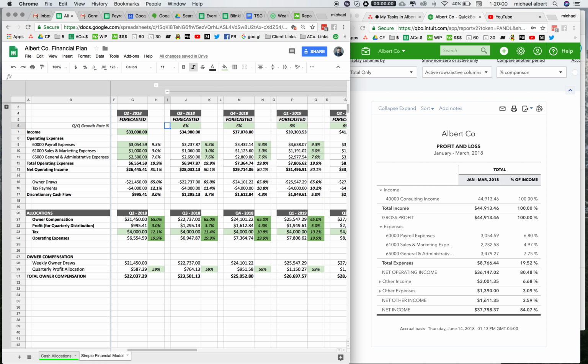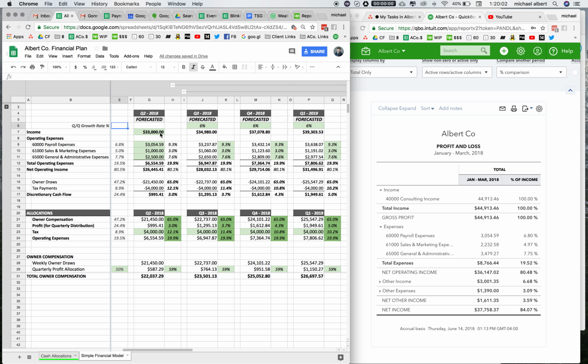So for example, if we think we can do 33 in quarter 2 of 2018 and I grow at 6%, that should put me here. And then all of those percentages from the previous quarter are just going to give me a preview of what that would look like if everything stayed consistent, assuming no big changes. And then this percentage is just carried on for a 3-year window.